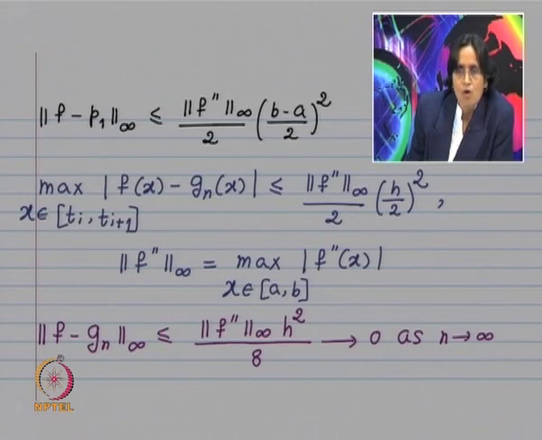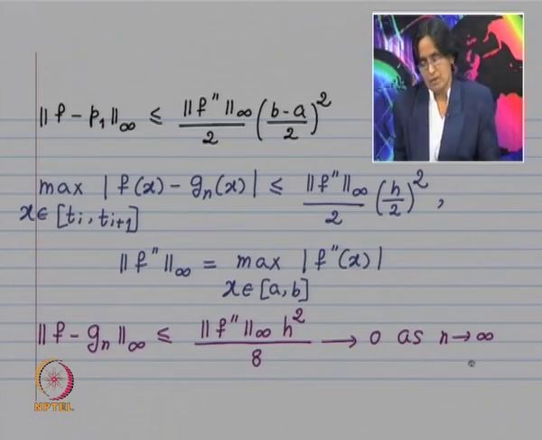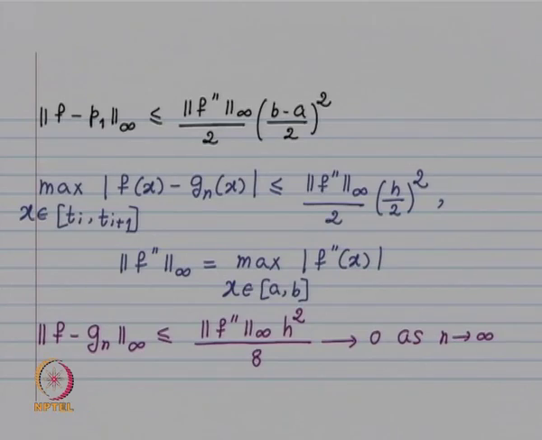We will get norm f minus G_n infinity norm, which is the maximum over interval a b, less than or equal to norm f double dash infinity by 8 h square, and h being b minus a divided by n, that will tend to 0 as n tends to infinity. That is about the piecewise linear interpolation.